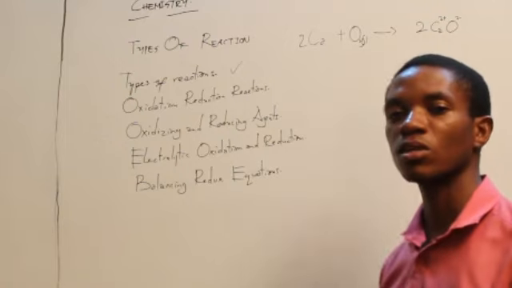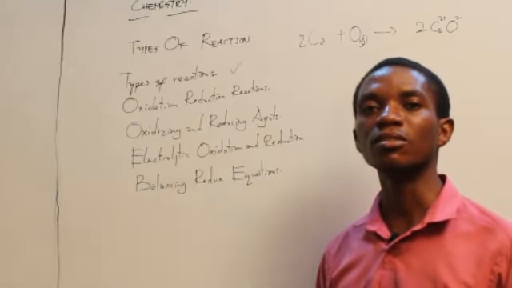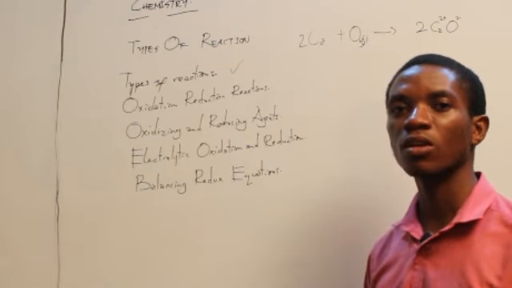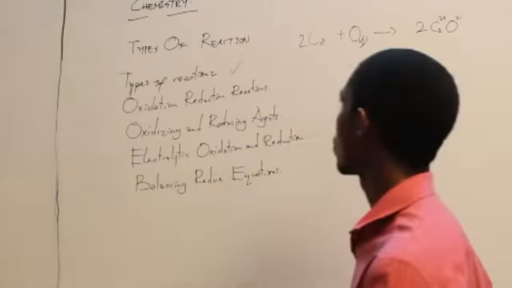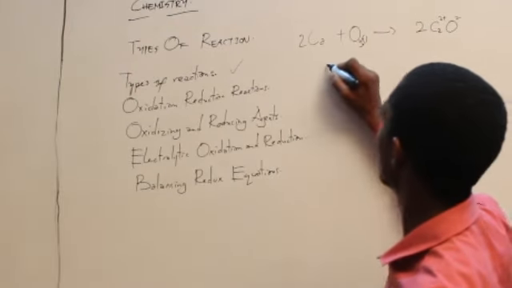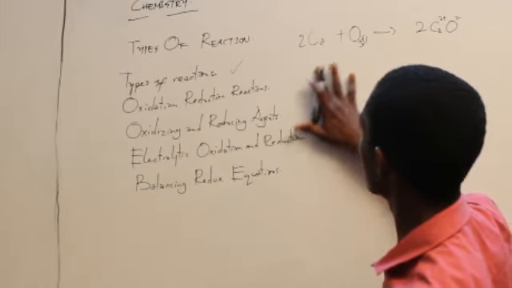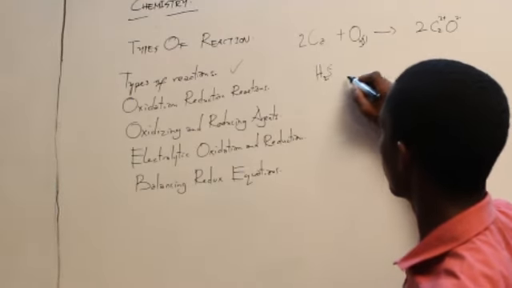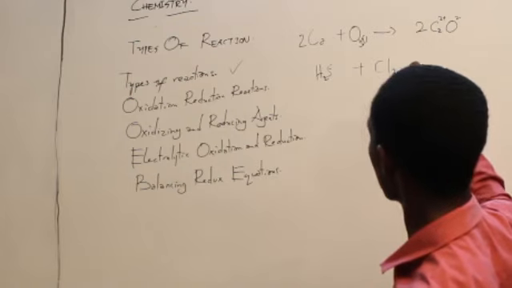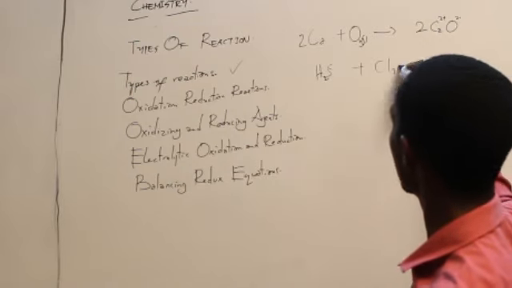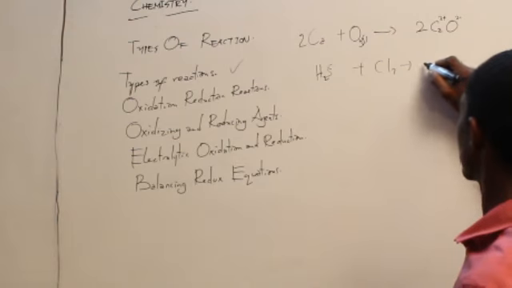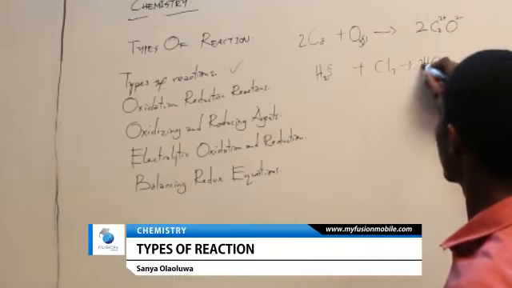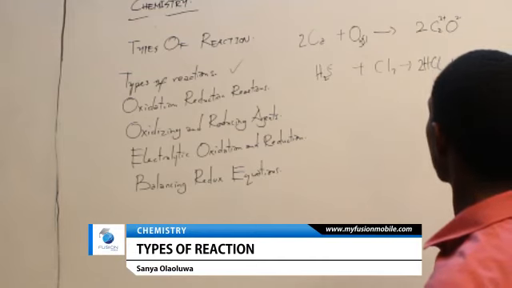Another definition of oxidation can also be the removal of hydrogen. In the case of compounds such as H2S plus chlorine, of course, we know chlorine can displace this, and that will give us 2 HCl plus sulfur.